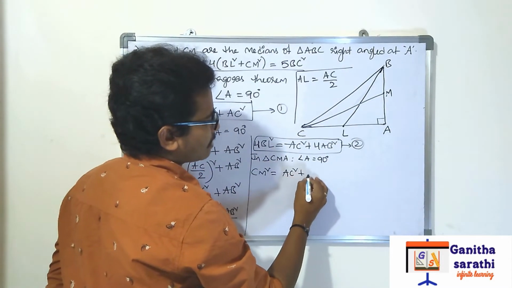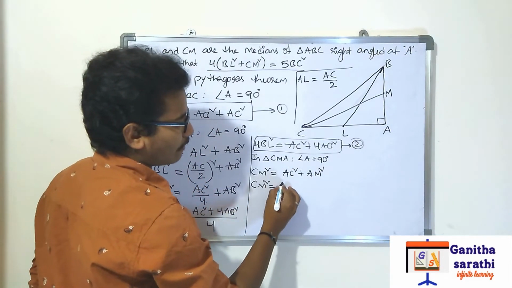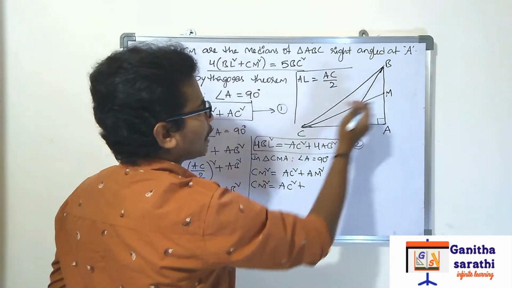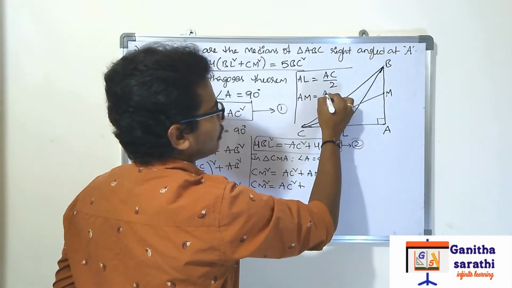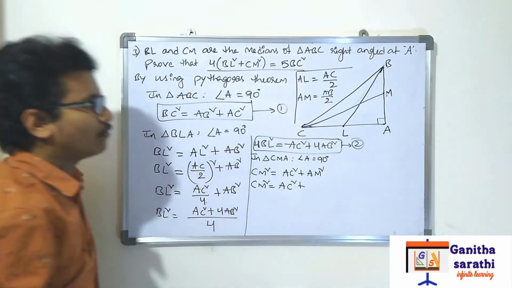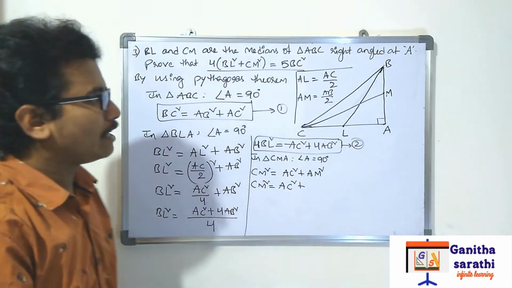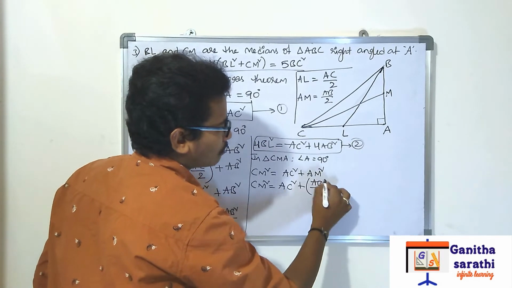How can we write AM? AM can be written as AB by 2, since AM is half of AB. So here you can write AB by 2 whole square.